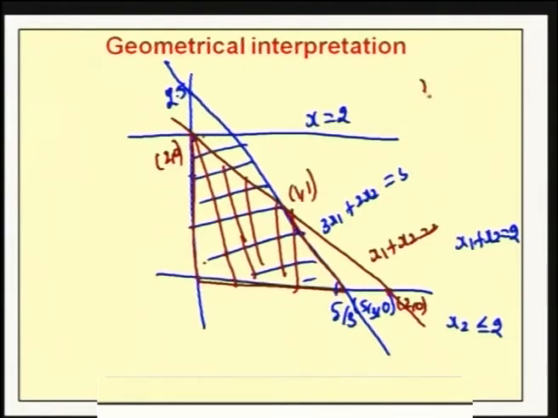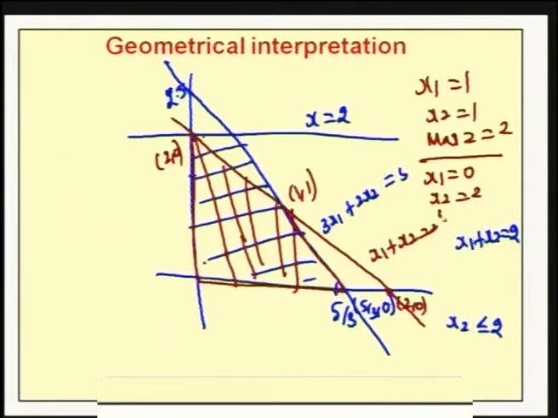So, we have two solutions: x1 equal to 1, x2 equal to 1 and maximum z equal to 2, and another solution x1 equal to 0, x2 equal to 2 and maximum z equal to 2. From this geometric interpretation it is clear that the Gomorian constraints cut the solution space, reducing it each and every time.